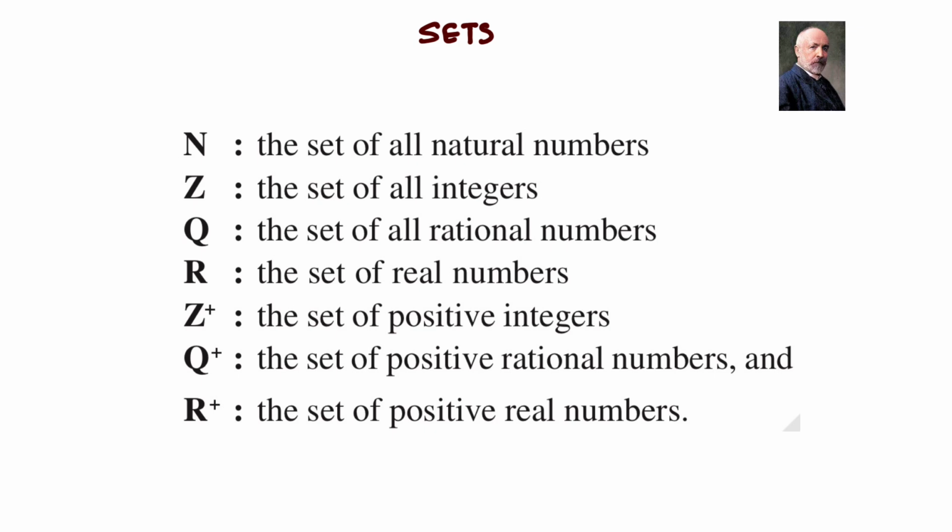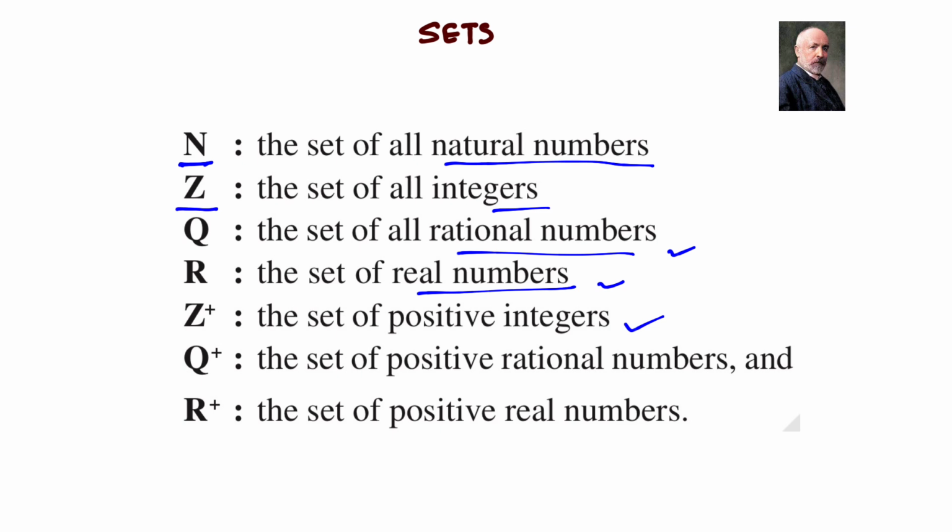Capital letter N is the set of all natural numbers, so all counting numbers, 1, 2, 3, 4, 5, 6. Capital letter Z is the set of all integers. Q denotes the set of all rational numbers. R denotes the set of all real numbers. Z plus is the set of all positive integers.